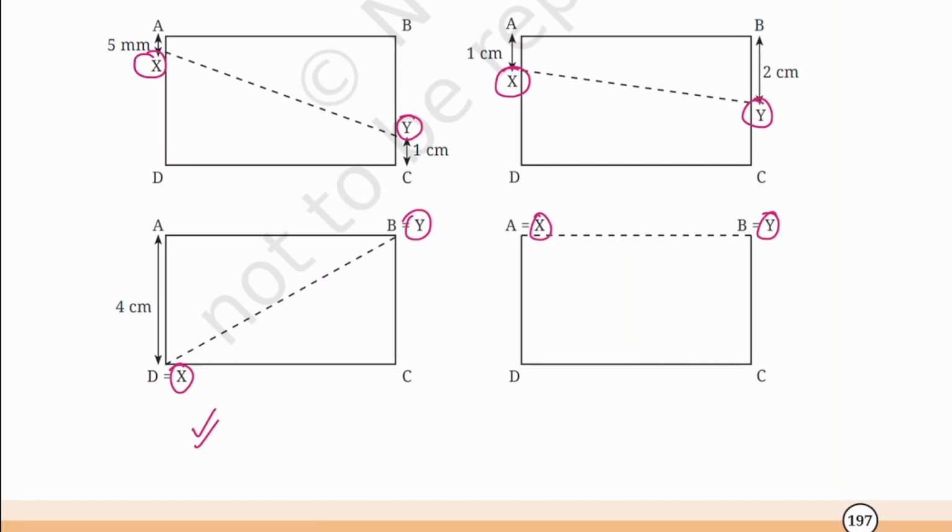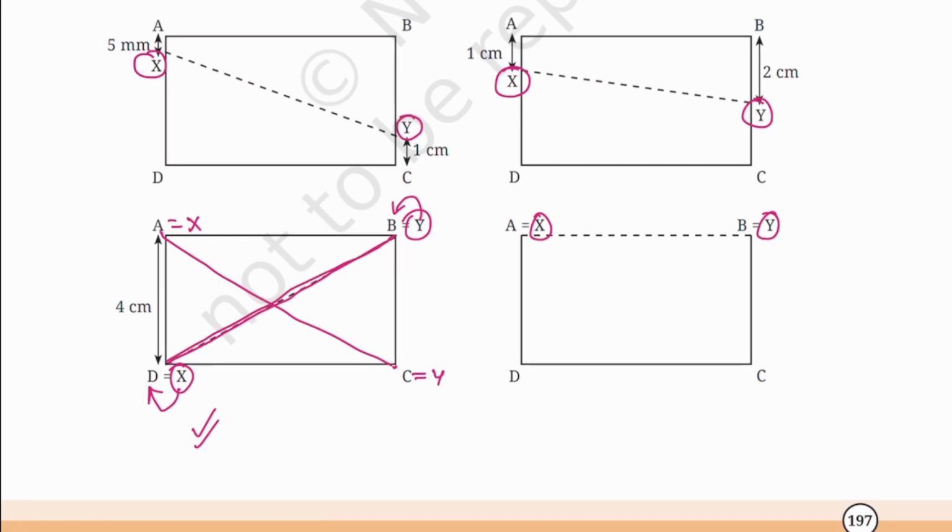In this figure, you can see the distance between X and Y is maximum when X is placed at D and Y is placed at B. Similarly, when Y is placed at C and X placed at A, the distance will be maximum. These lines are called diagonals.